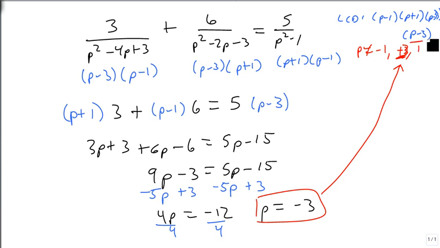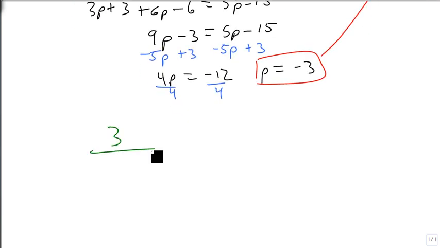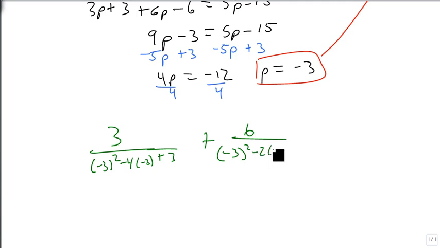And since minus 3 works, we can plug it in and get 3 over minus 3 squared minus 4 times minus 3 plus 3 plus 6 over minus 3 squared minus 2 times minus 3 minus 3 equals 5 over minus 3 squared minus 1.